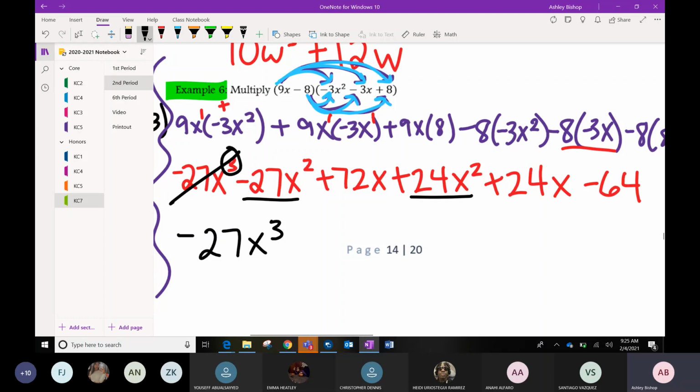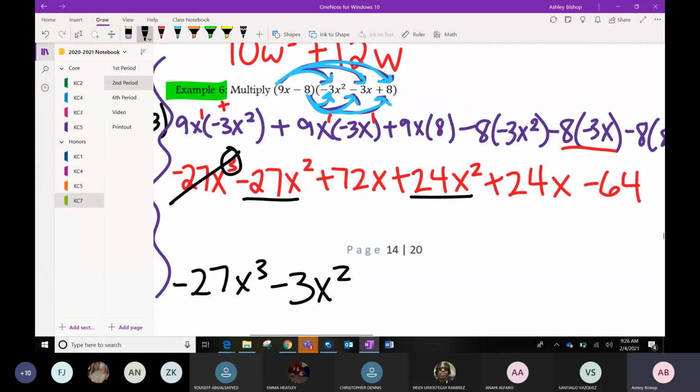So then you add their coefficients. Negative 27 plus 24 is negative 3, and then x squared. I'm going to move this down so I'm not writing on that page, just so we're not confused. So negative 27x to the third minus 3x squared.